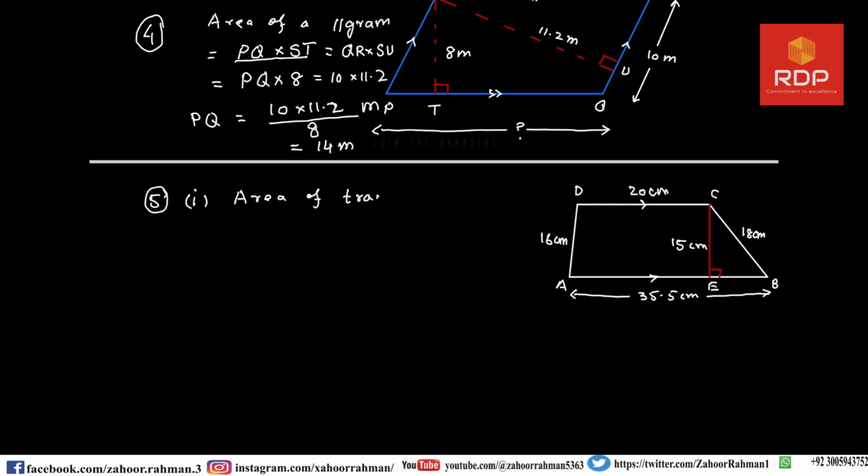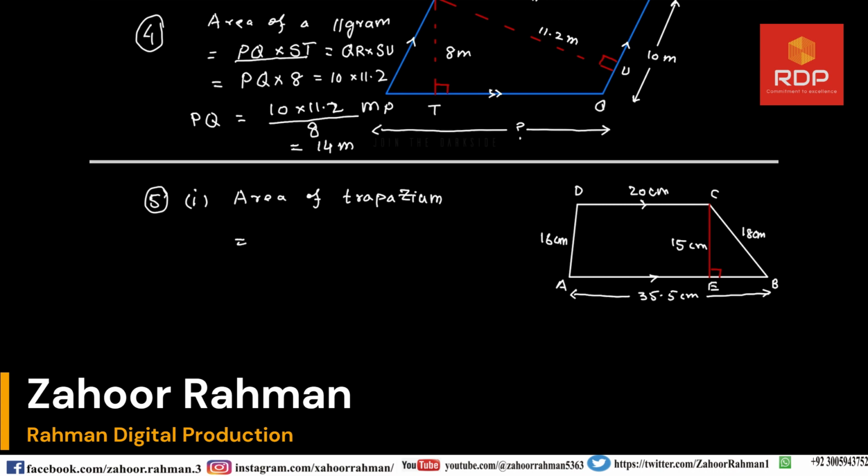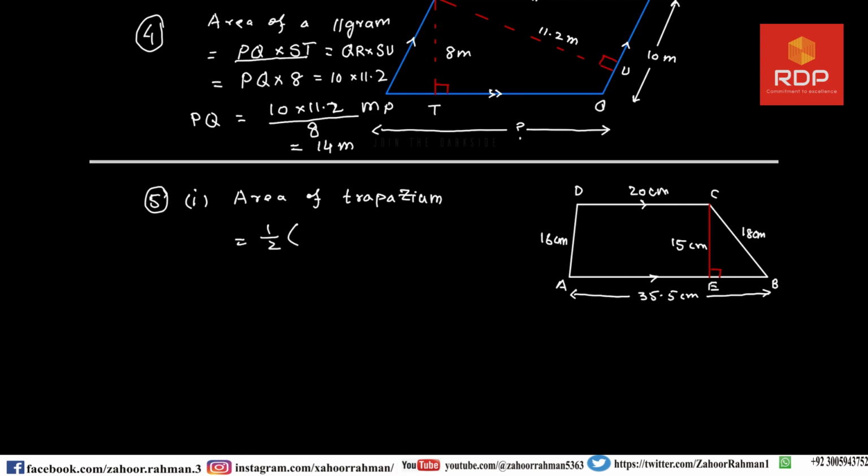Area of trapezium is equal to 1/2 into the sum of the lengths of parallel sides into height. Now we have all the values, so simply we have to insert them.